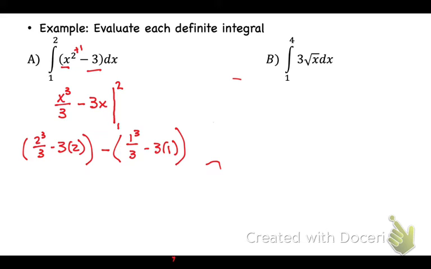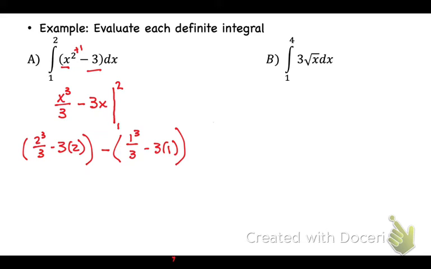I plugged in b and then I plugged in a, correct? Now think about it, guys. We want area, right? That's what the integral does, the area under the curve. When I find differences, I always subtract smaller things from bigger things. That's why we do b minus a.